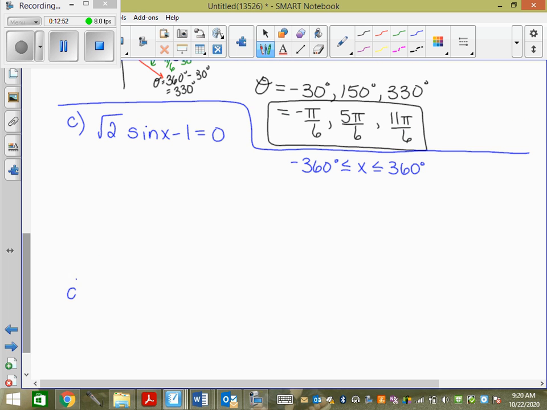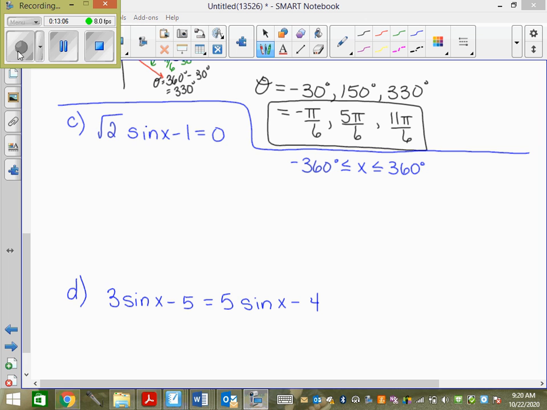C, and then D is 3 sine x minus 5 equals 5 sine x minus 4, from negative 360 to 180, not inclusive. We're going to try those two.